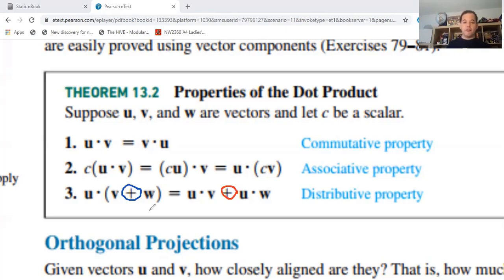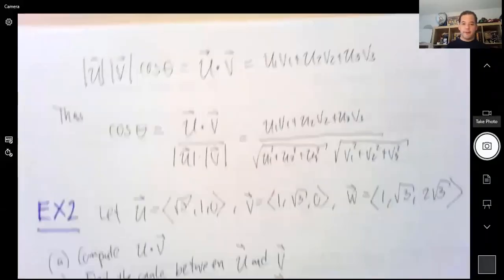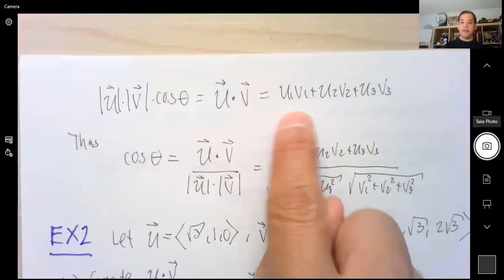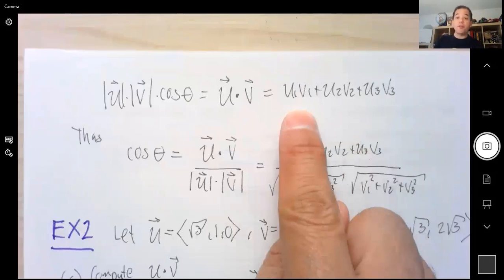An easy way to check this property number 3 is to use the definition of dot product as u1v1 plus u2v2 plus u3v3. Okay, and one last thing is that even though we did this new formula right here at the top in 3 dimensions, if you want to do it in 2 dimensions, it works the same way.